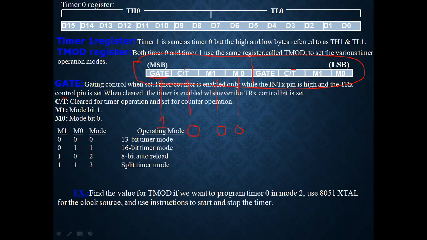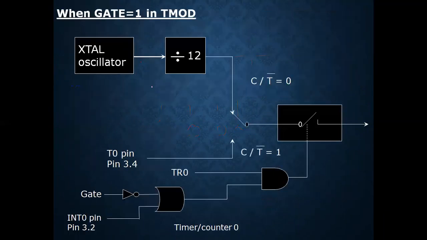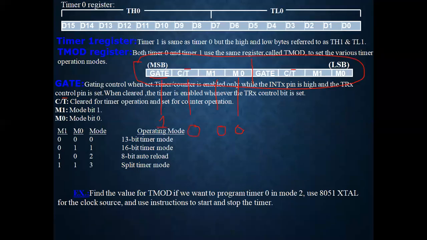Clear? Now you can ask, sir, what is the function of this upper 4 bit and lower 4 bit? Now you can see this upper 4 bit is used, and we will see how this bit is used.